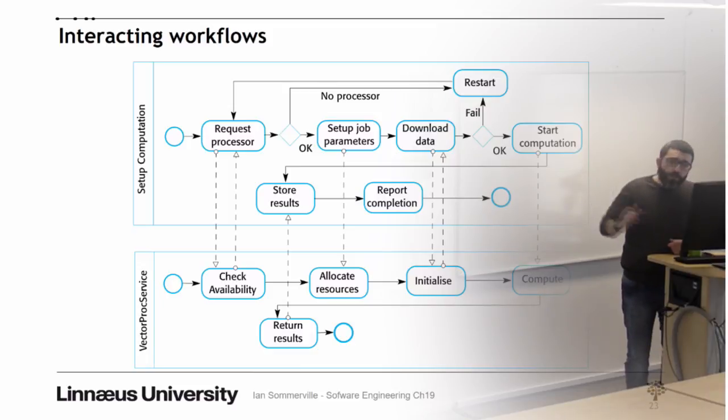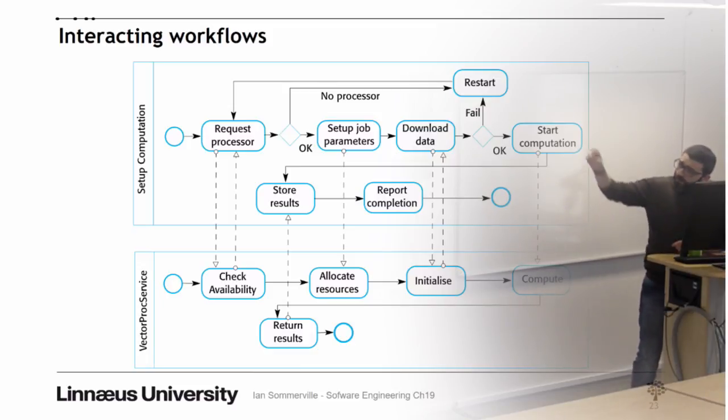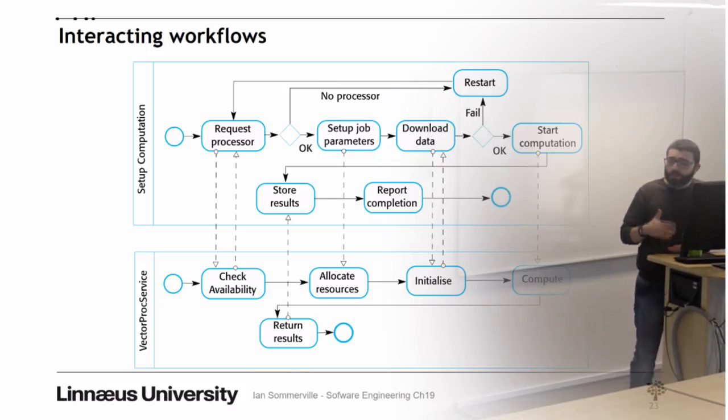Different activities in one service interact with activities in the other service, and they must know how and when to interact with each other. It's not a black box. Here we need to specify everything.